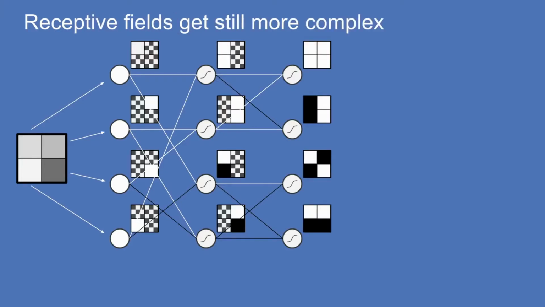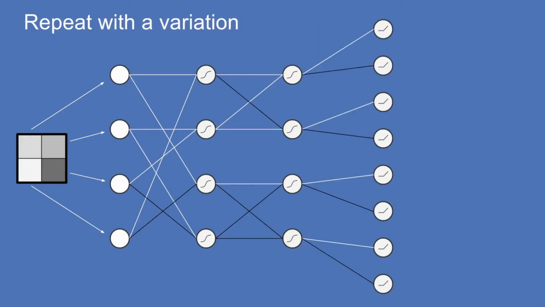Each time the receptive fields get even more complex. So you can see here, using the same logic, now they cover all of the pixels and more special arrangement of which are black and which are white. We can create another layer.